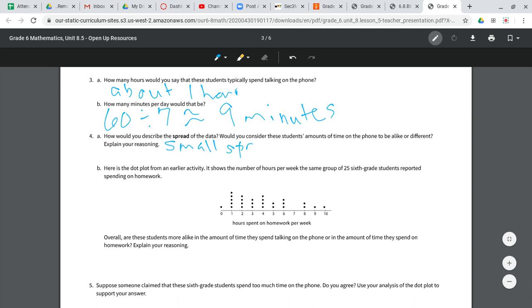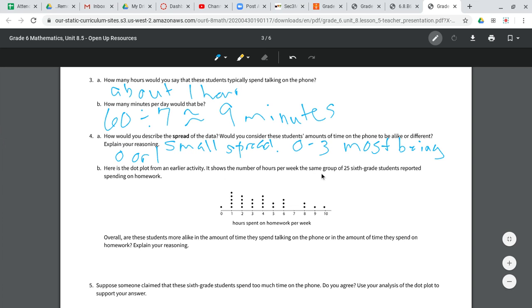Small spread, 0 to 3, most being 0 or 1.